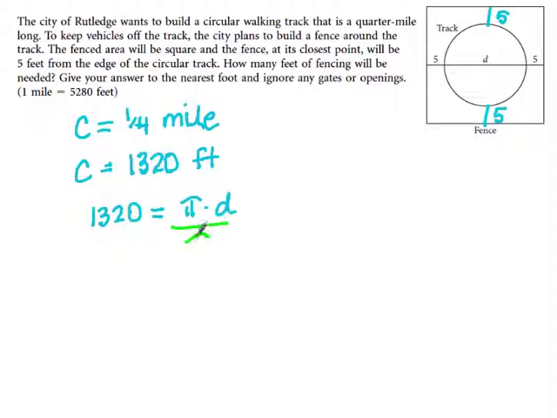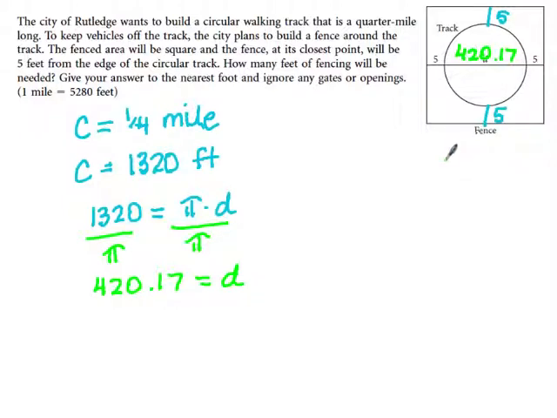Divide by pi. So what is 1,320 divided by the pi button on your calculator? Should be something in the 400s. 420.17 will be our diameter. So if that's 420.17, what will the side of the square be?